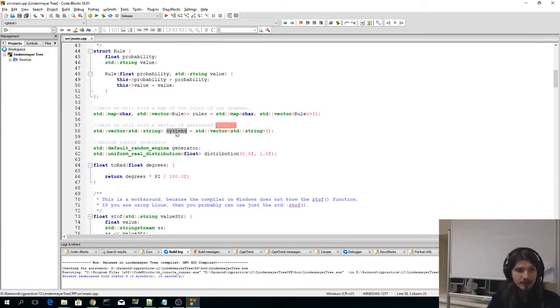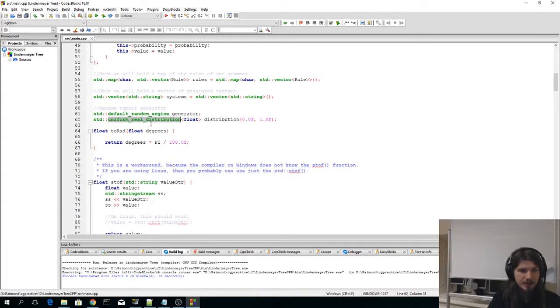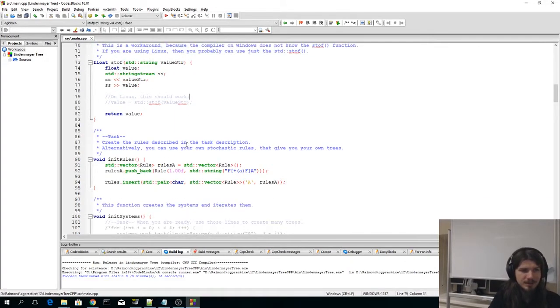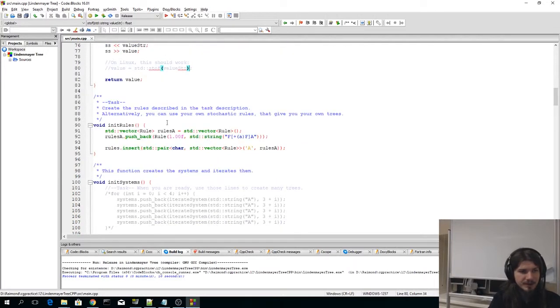It's also a vector of generated systems, a random number generator, so a real number uniform distribution from 0 to 1, and this is just something to create a float out of a string. So I don't know, on Windows this has problems. This function in Linux, it's in the standard library, but on Windows for some reason it's not.